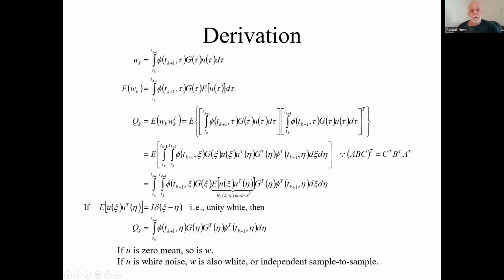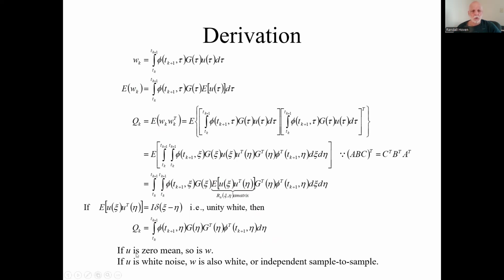But if this U is unity white noise, the inner integral goes away and we're left with this as our Q, our covariance matrix of this W random process.